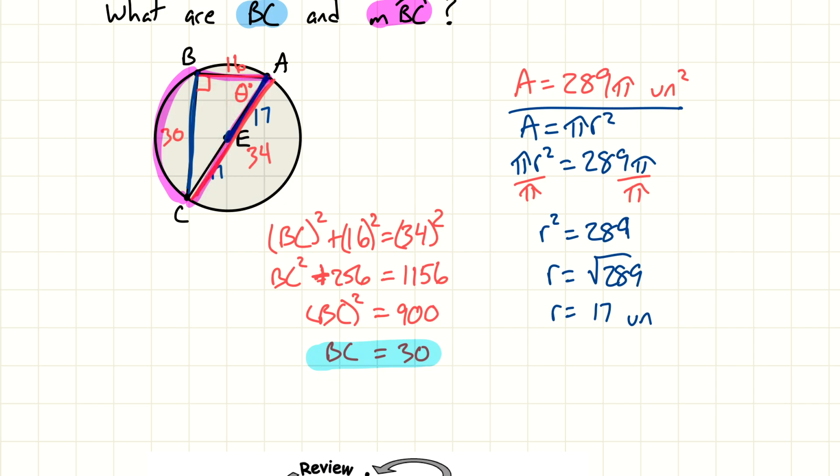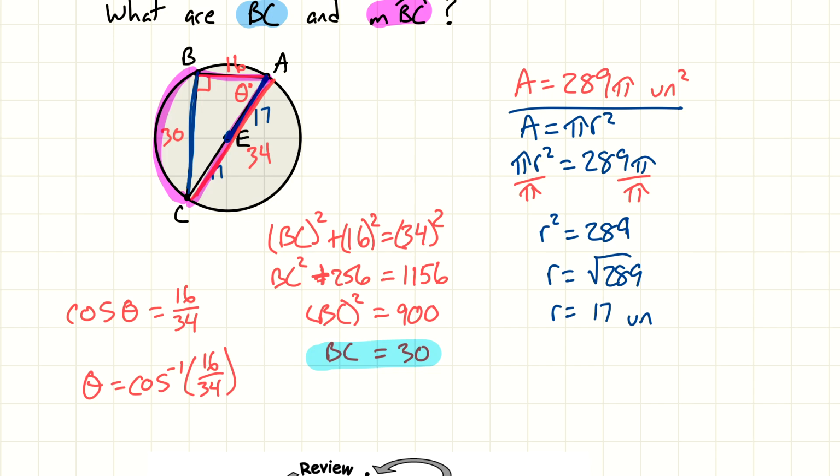and 16, which is an adjacent side. So this is going to be our cosine. So cosine of theta is equal to 16 over 34, which means theta is equal to inverse cosine of 16 over 34.